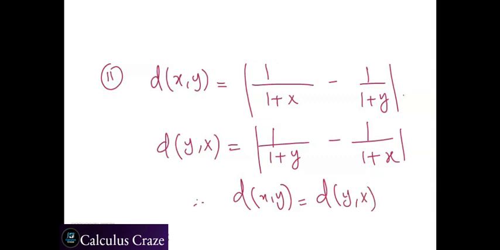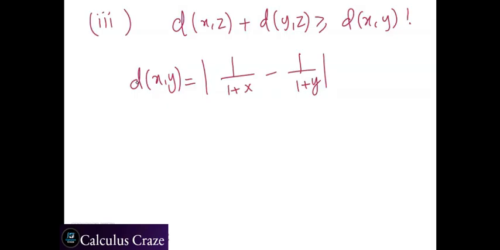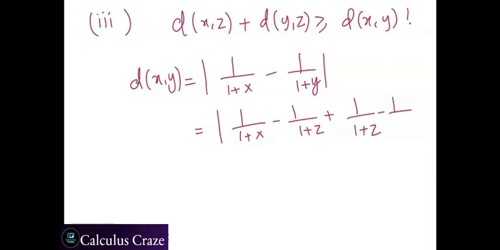The next is the triangle inequality. If we start with the distance between x and y, this is 1 upon 1 plus x minus 1 upon 1 plus y. Then I can write 1 upon 1 plus x minus 1 upon 1 plus z, and then plus 1 upon 1 plus z minus 1 upon 1 plus y, and all of this in mod. Now consider this one and this one separately, and then apply the triangle inequality for the absolute value.